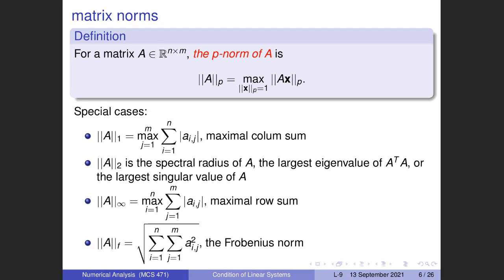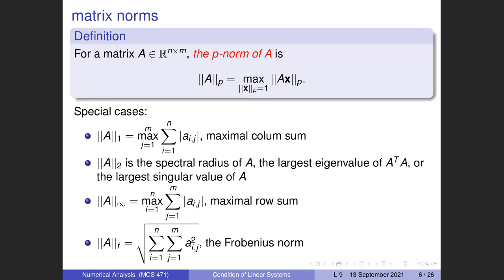Then the multiplication of the matrix with that 1, 0, 0 is actually the first column of the matrix. So if your first column is kind of large, then also your matrix norm will be large. So matrix norms indicate the size of the matrix. So you can quantify what you mean by a large matrix.